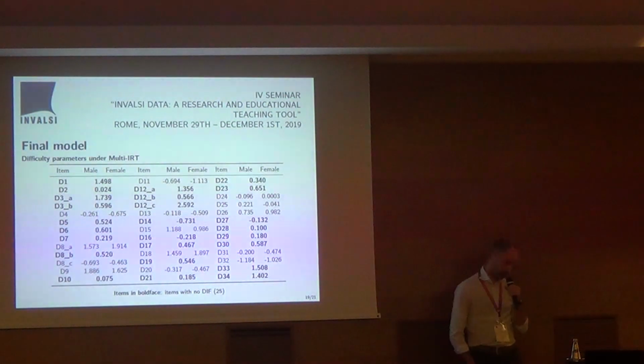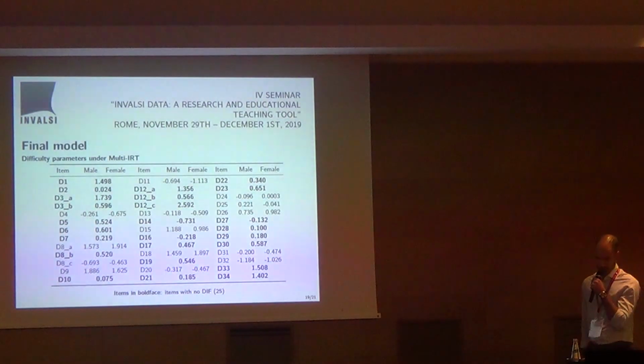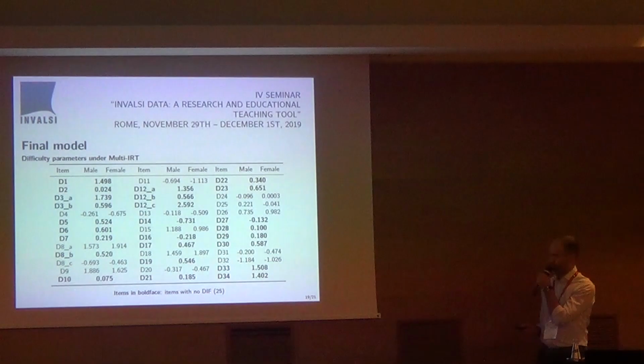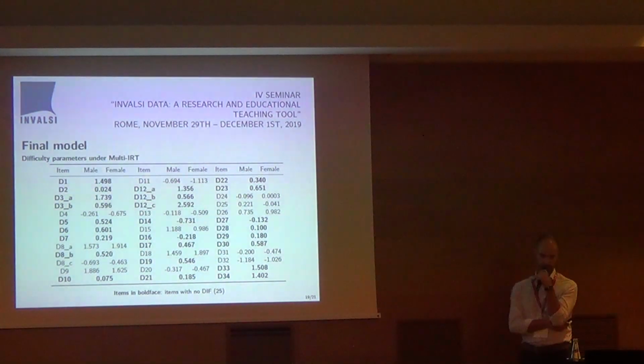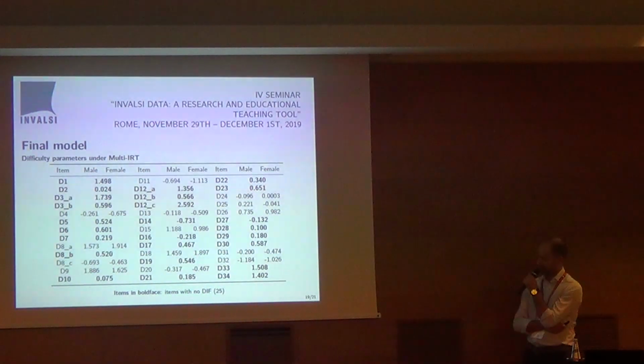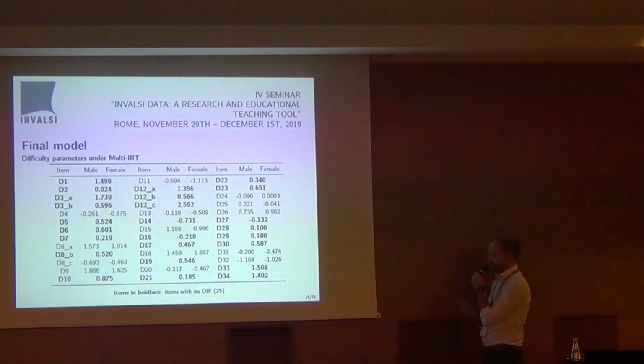At the end, we have these results. This is the table, so many numbers also here, sorry, but we have the difficulty parameter because we have a Rasch model for each item, and the items in boldface are the items that don't exhibit DIF. We have 25 items at the end, while the others have DIF, and the magnitude of DIF can be obtained as the difference between these two difficulties for each item.